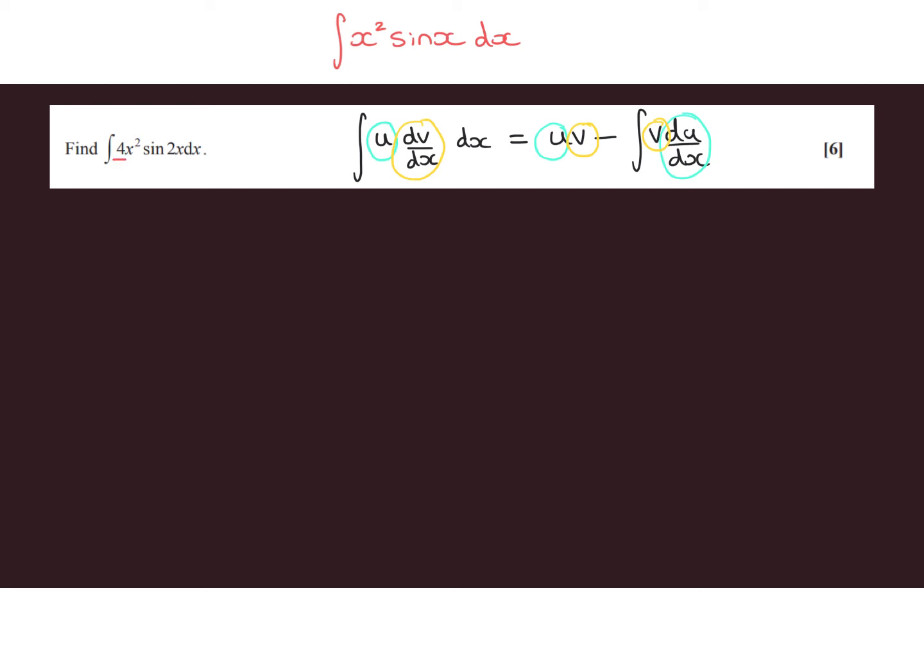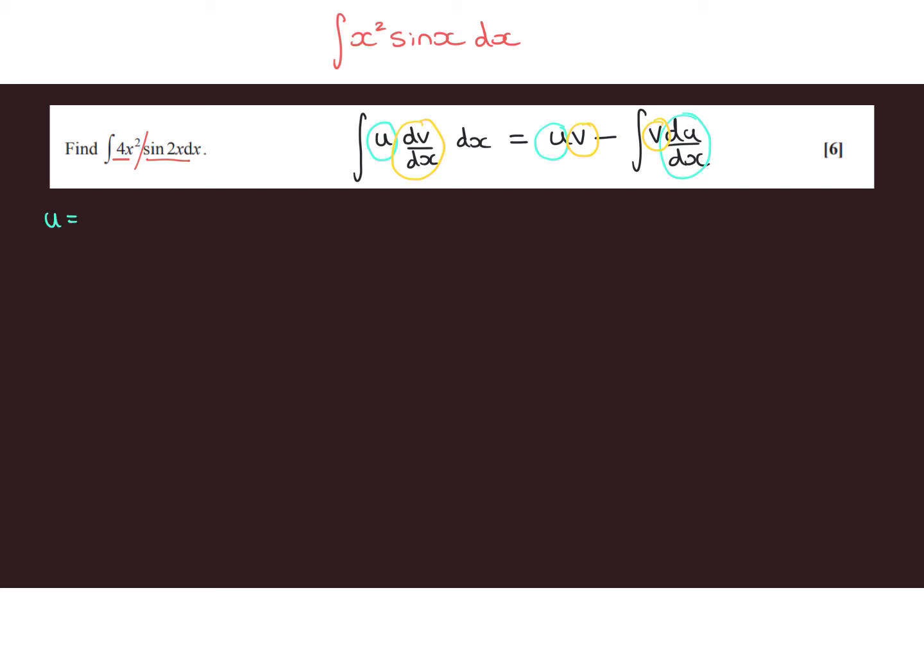We've got 4x squared and we've got sine 2x. So those are the two components. Now, we need to choose the trig function to be the function that is integrated, because otherwise 4x squared will just become more and more complex as it's integrated, whereas a sine function just becomes a cos function when it's integrated, and that doesn't make it any more complex than it already is.